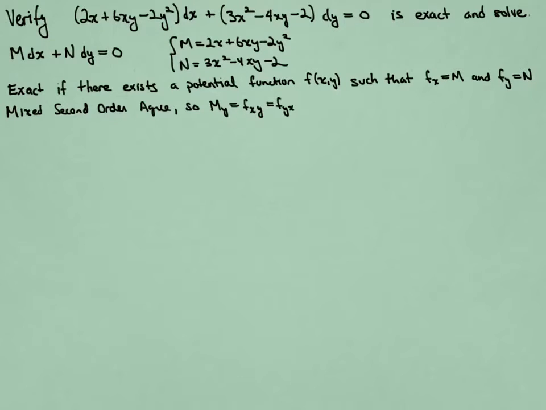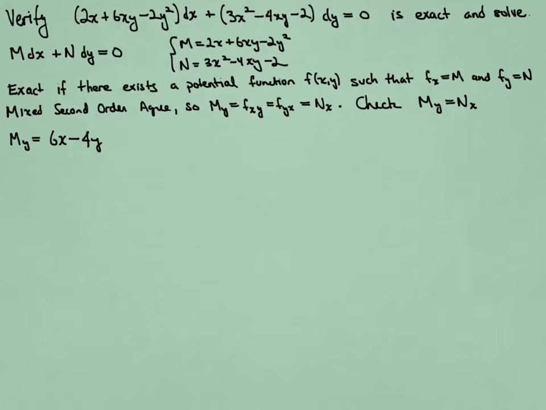Because they agree, it should be the same as f_yx. But f_y is equal to N, so what we should be seeing here is N_x. So in order to check, we should compute the partial derivative of M with respect to y and the partial derivative of N with respect to x and see if they agree.